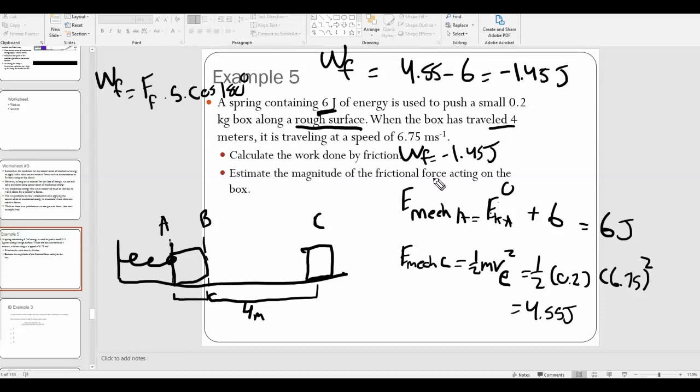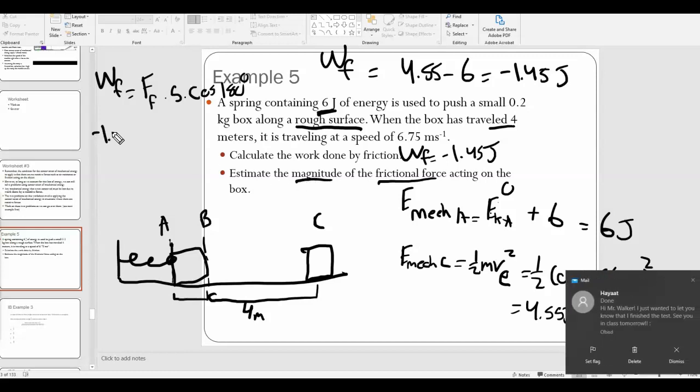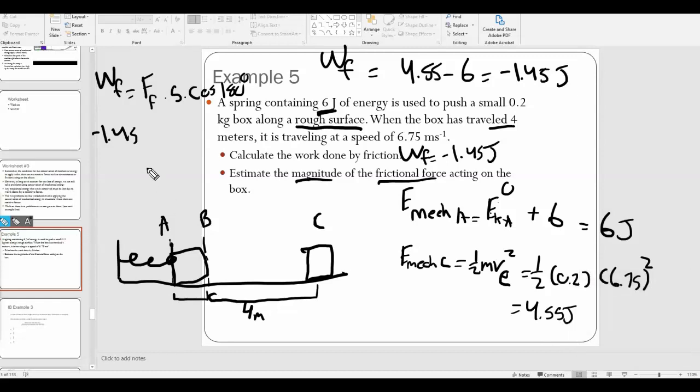So if I want to know the magnitude of the frictional force, I would just plug in 1.45 is equal to FF times the displacement, which is 4, times cosine 180, which is negative 1. Of course, cosine of 180 degrees is negative 1.